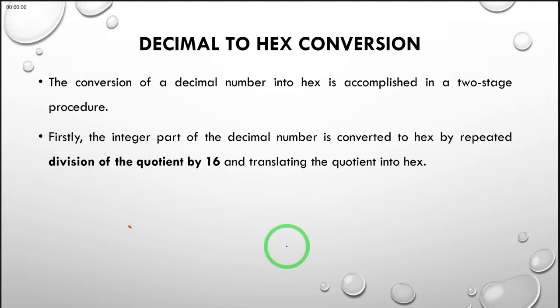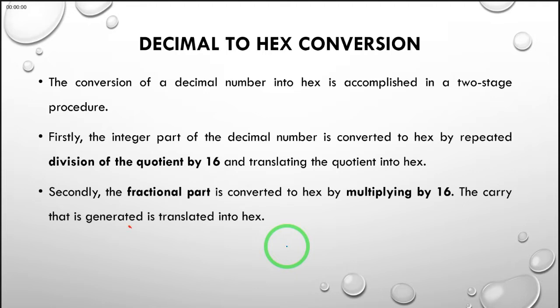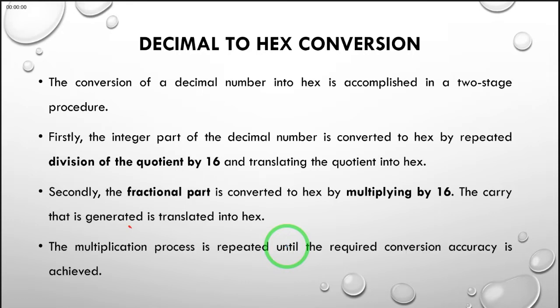And the second part involves multiplying the fractional part by 16 and the carry that is generated is translated into hexa, and the multiplication process is repeated until the required conversion accuracy is achieved.